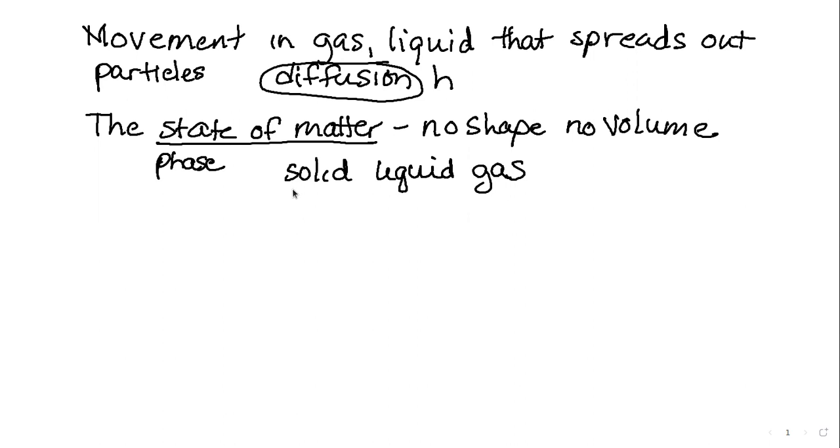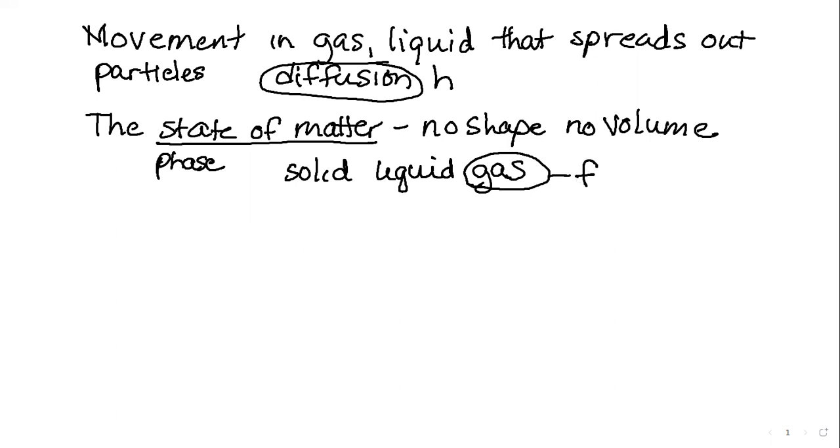We've already talked about solid has a definite shape and a definite volume. Liquid has a definite volume, but no definite shape. Gas is the one that has no shape and no volume. So the answer is F.